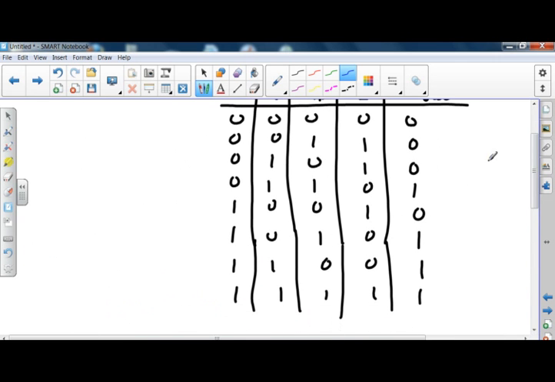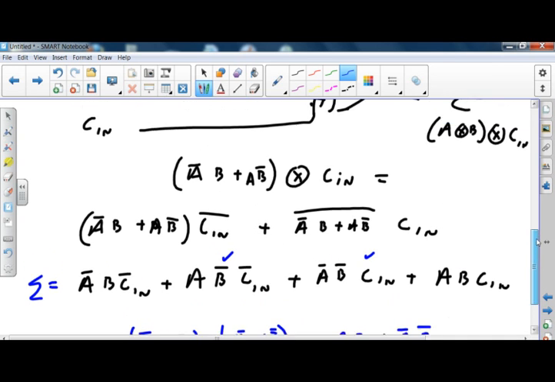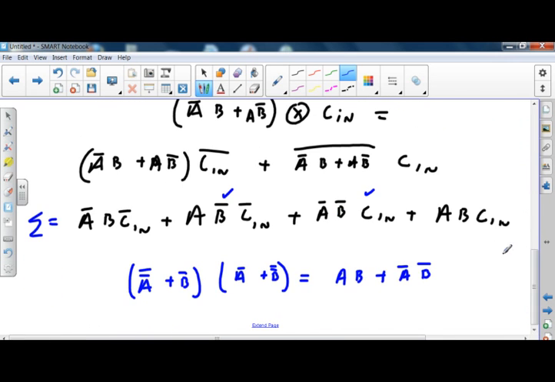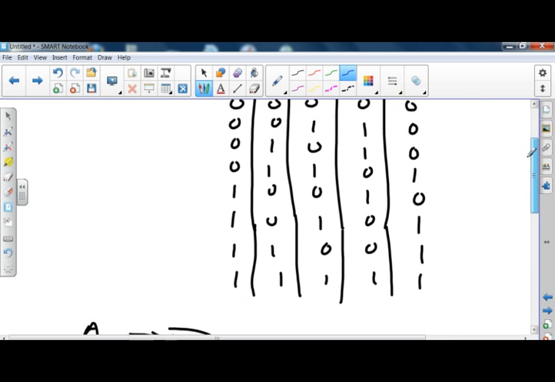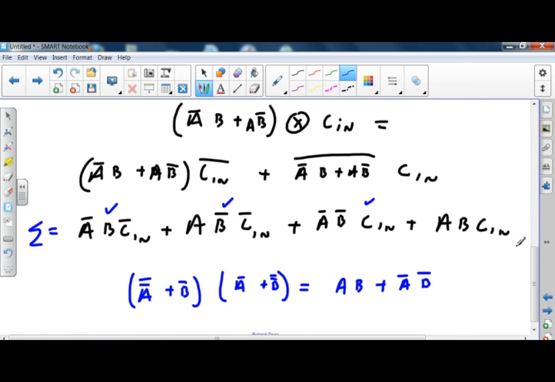Yes. And then I need another one at A not B C not in. That's this one. A not B C not in, that'd be that one. And then the fourth one comes at A B C in. So I have the right summation, and so I have the right circuit.